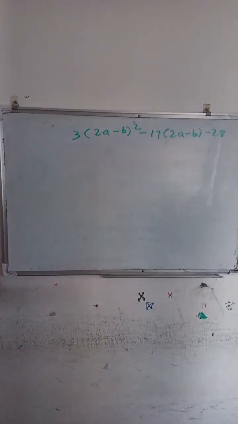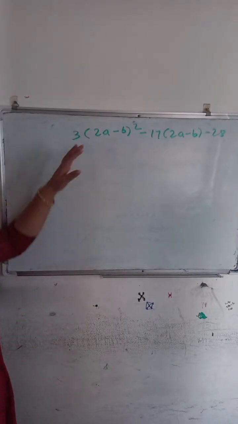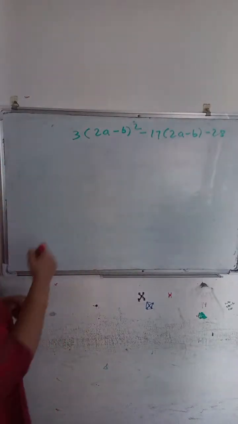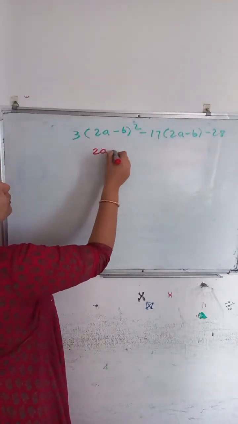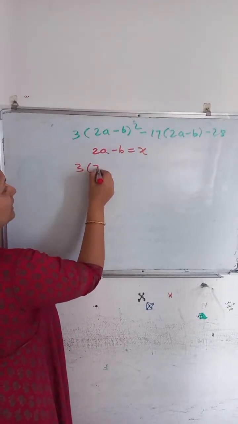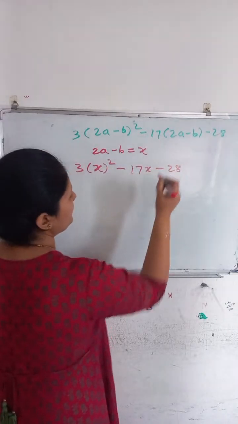Okay, so this is the question. Here no need to expand. I can see this is nothing but the split the middle term method. So what I will do here, I will take 2a minus b is equal to x. So 3x² − 17x − 28.